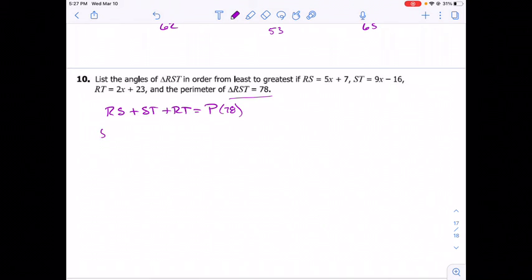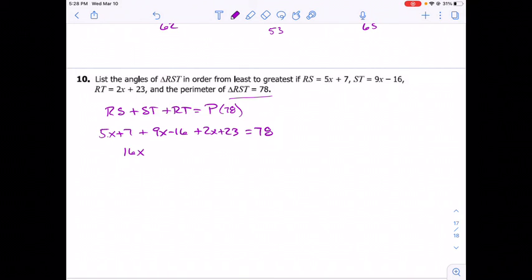So 5x plus 7 plus 9x minus 16 plus 2x plus 23 is equal to 78. So add your x's up. We got 5 and 2 and 9, that's 7 and 9, which is going to give me 16x.